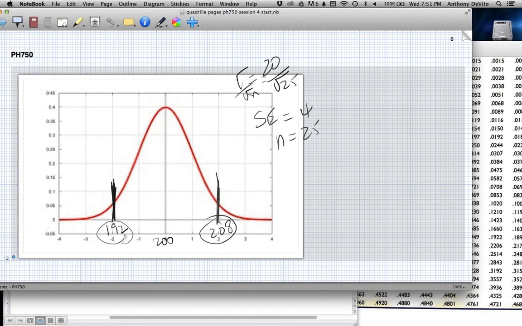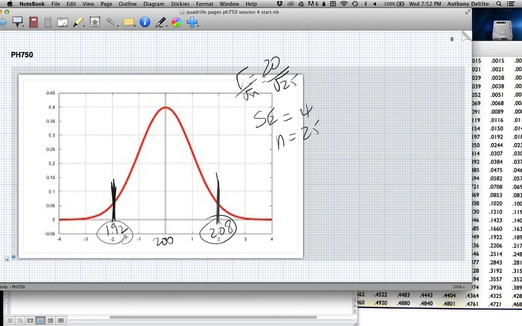See how that now allows me to predict and understand how a sample from a population is going to behave, by knowing something about the standard deviation of the population. It gives me an understanding of where I would expect it to fall. And if I took a sample of 25 and it wound up being less than 192 or more than 208, that would be unusual, right?